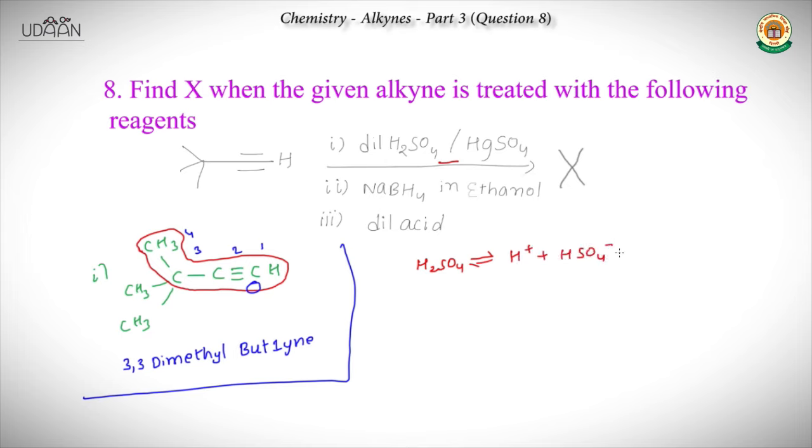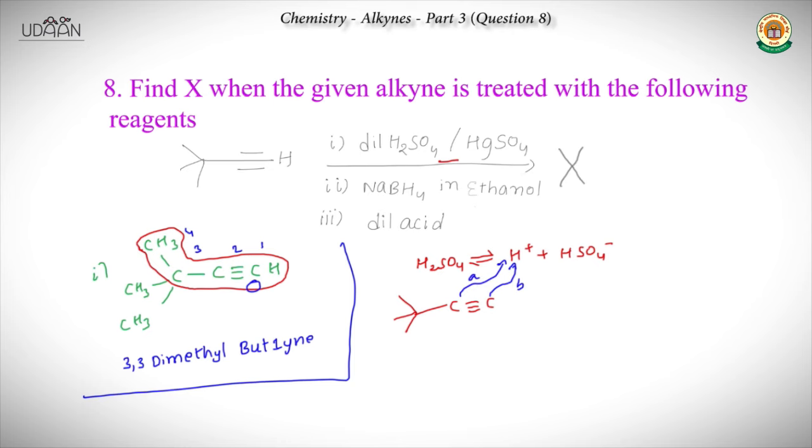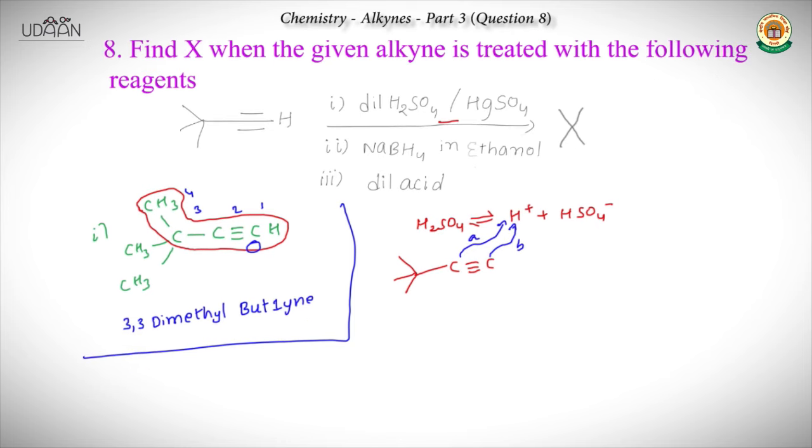And this H plus ion will attack the electron cloud of the alkyne, because you know that alkyne is a nucleophile. This H plus can attack from this carbon or from this carbon. Let's call it A and this one B.